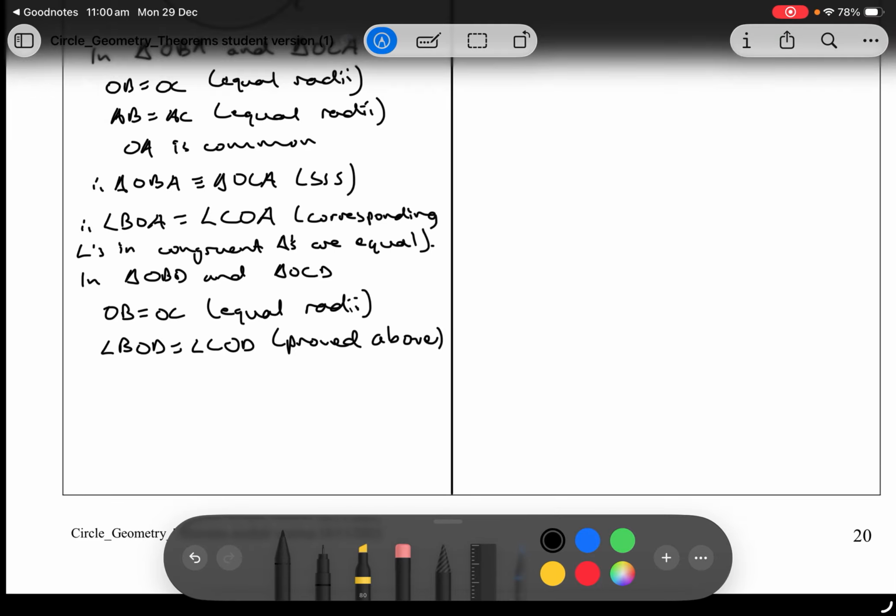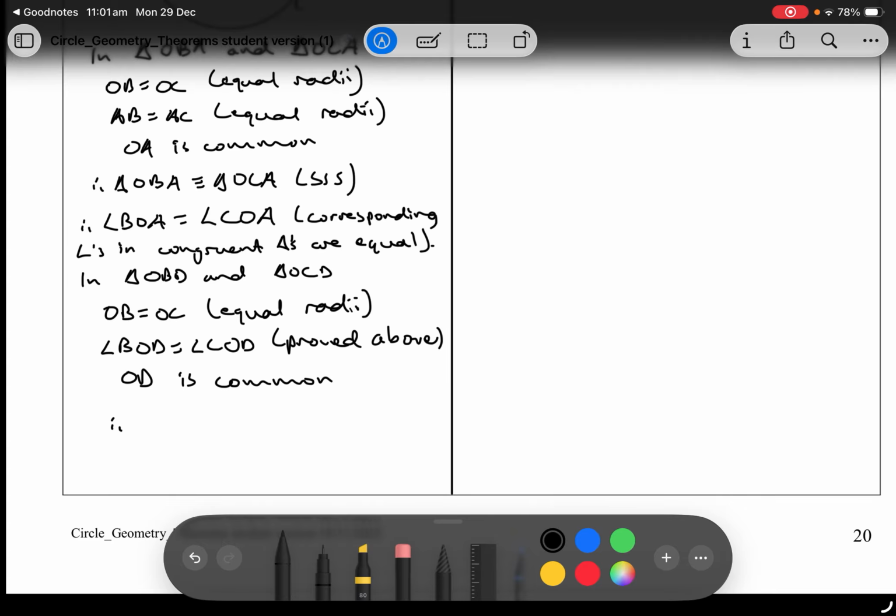Now, those 2 are the same, and we can also say that OD is common. We can pretty clearly see that from the diagram. OD is common. That gives us enough to say that, therefore, triangle OBD is congruent to triangle OCD by side, angle, side.